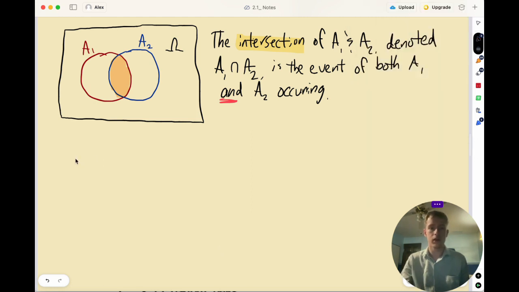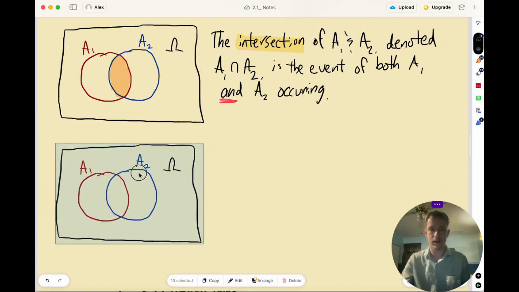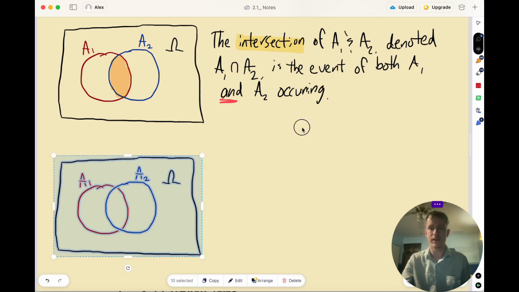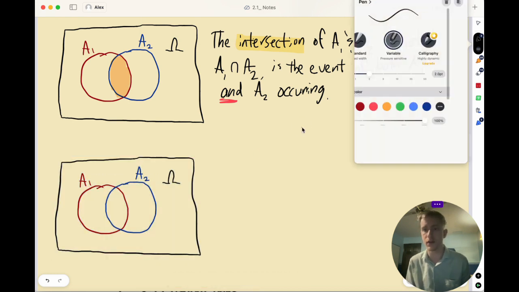Next, we're going to talk about something called the set difference. But before I do, just a quick comment.